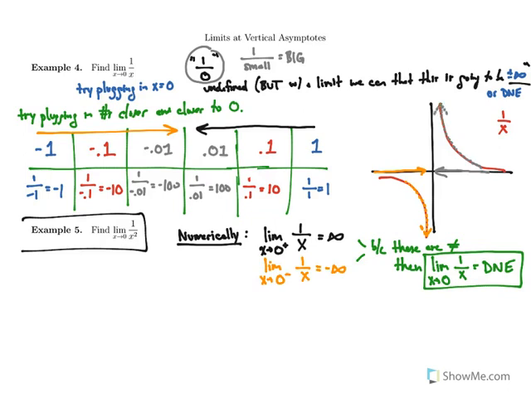So if we approach 0, it depends on which way we're tracing the function, and this means that this limit does not exist. All right, now let's look at the limit of 1 over x squared.